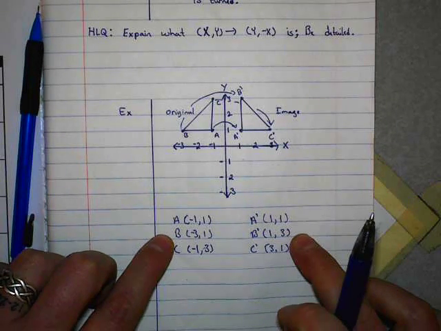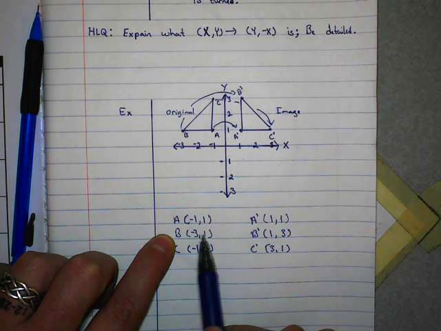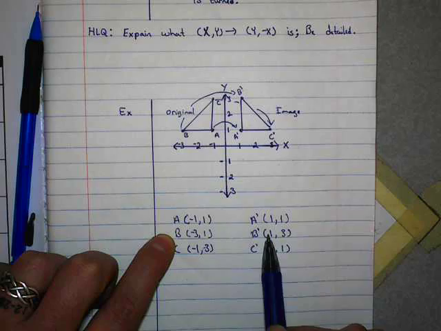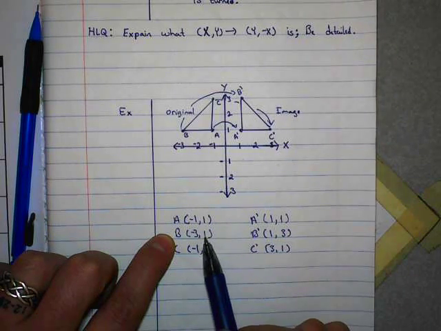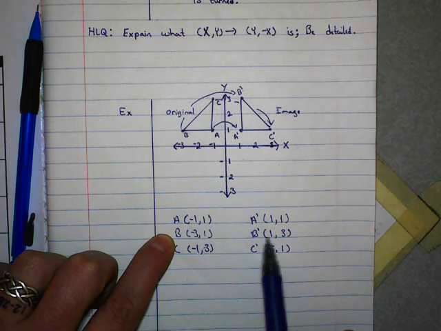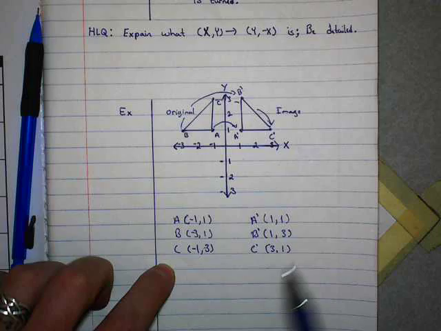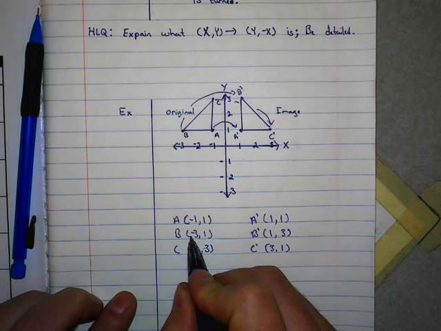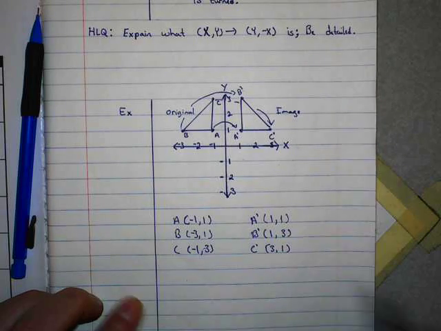If you notice, the value for X and Y have switched. My 3 is now in my Y's place instead of my X. My 1 is now in my X's place instead of my Y. Same thing here. 1 and 3 have switched. But you also notice something else. Negative now becomes positive. Negative now becomes positive.